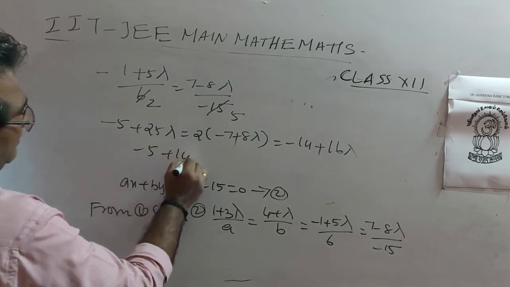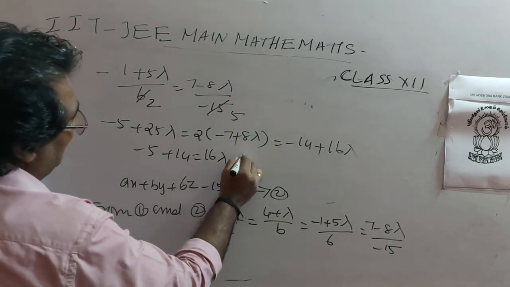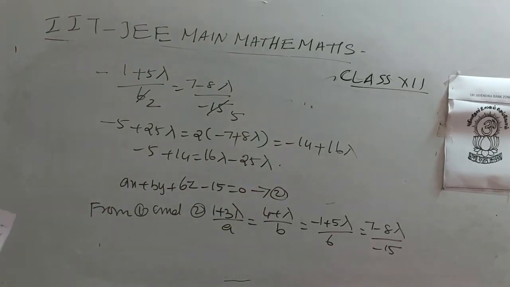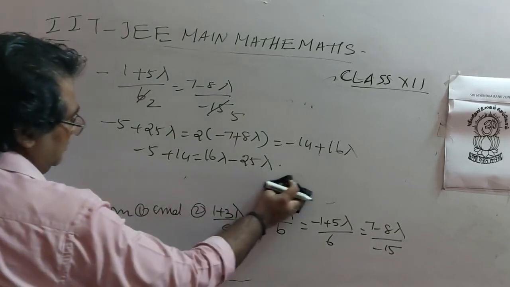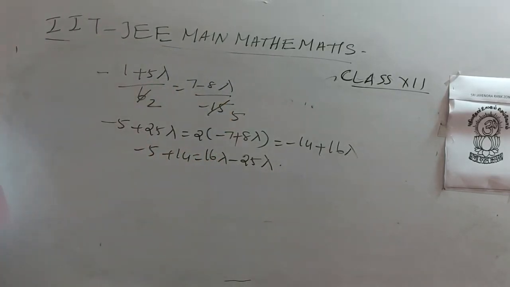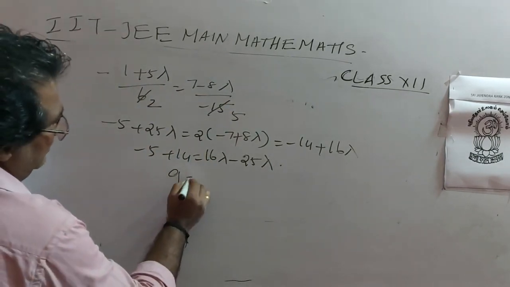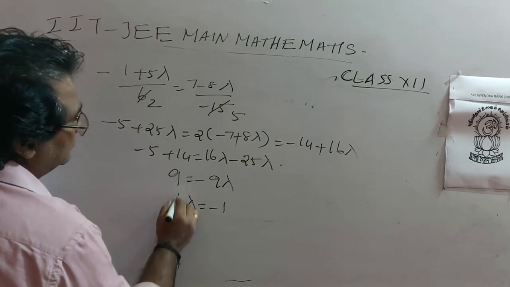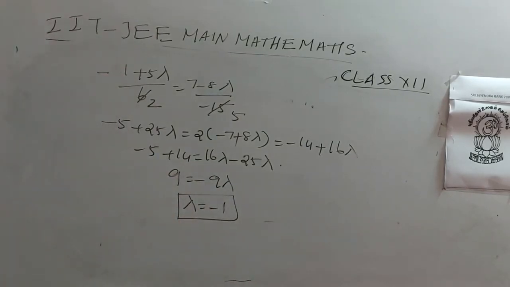Minus 5 plus 14 equal to 16 lambda minus 25 lambda. Nine equal to minus 9 lambda. Lambda equal to minus 1.